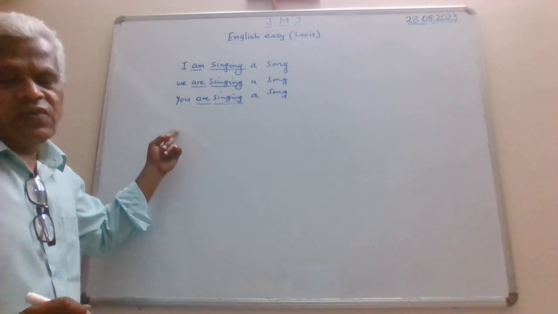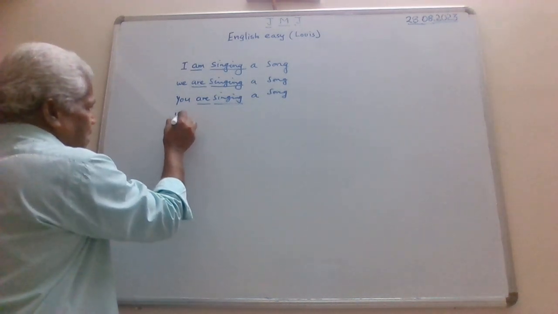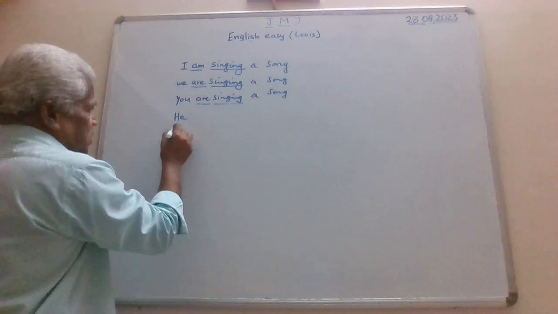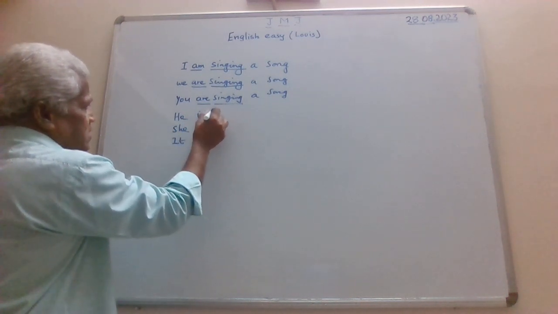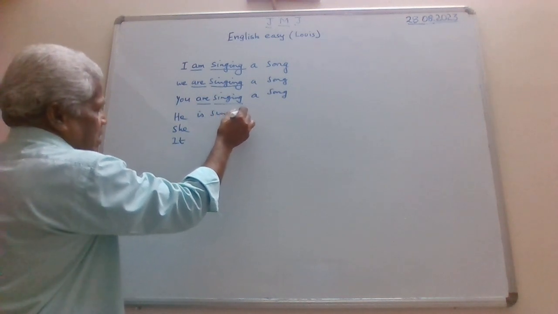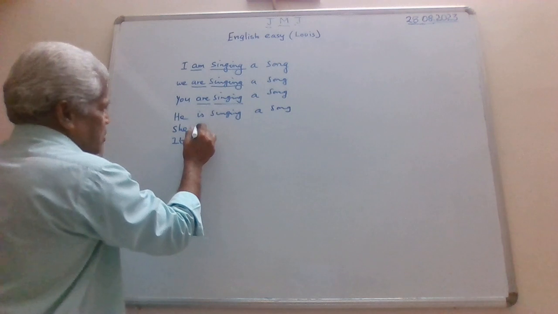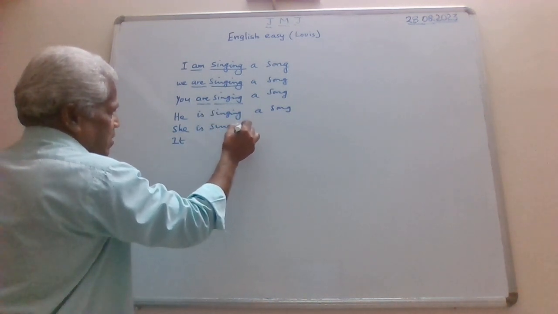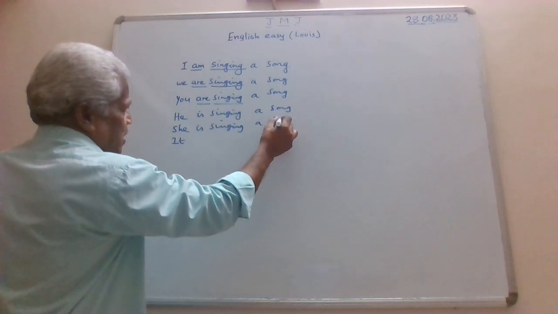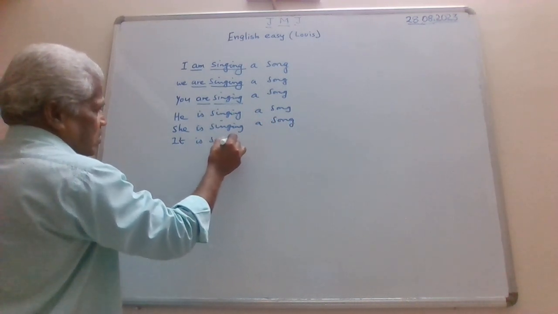Okay? Now straight away, let me go to the third person singular. He, she, it. See, he is singing. He is singing a song. She is singing a song.